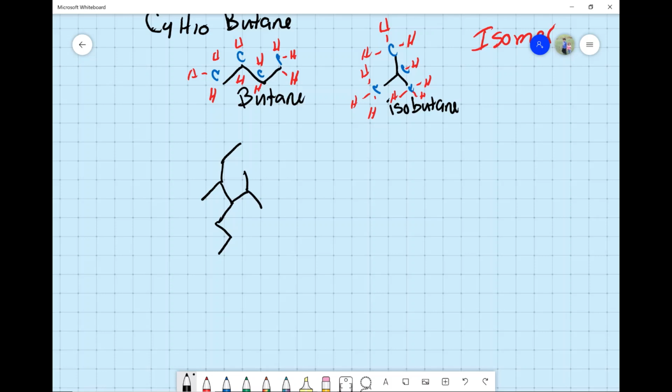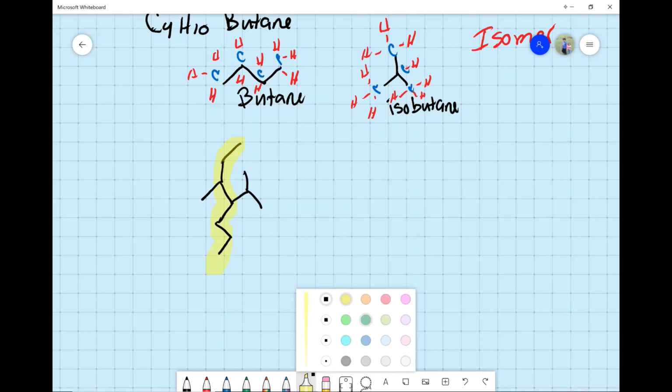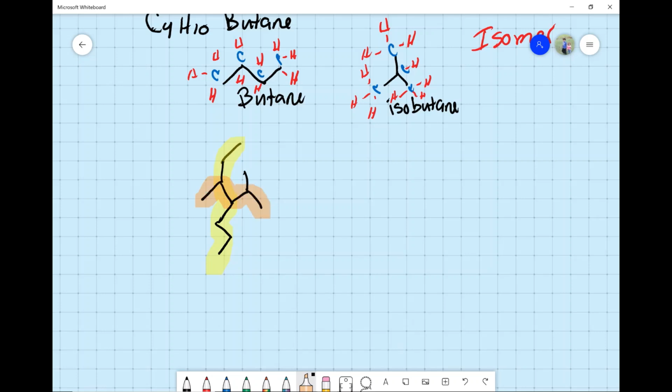If you have this chain structure, you see we have 2 chains, a chain that goes this way, and a chain that goes this way. You want to number the chain by the long way, so you want to number the longest chain.